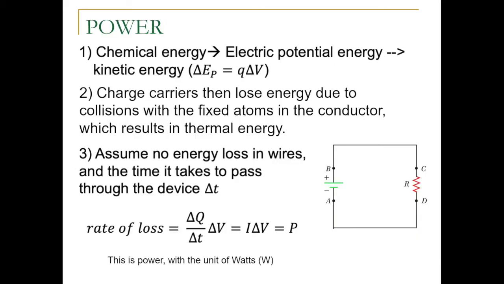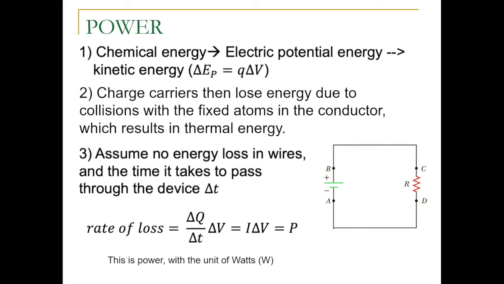So when dealing with power in our basic circuits, we have to go back to how charges are moving to begin with. So we have the chemical energy associated with the battery. Inside this battery, we're going to have these electrons, and these electrons are going to gain electric potential energy because of the mechanism of the battery itself.